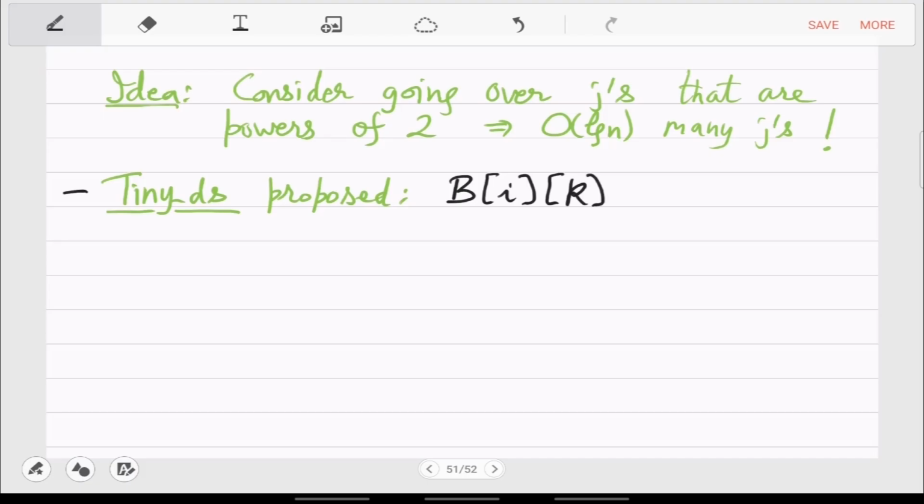So B[i][k] will basically store the minimum of i plus 1 through i plus 2 raised to k.